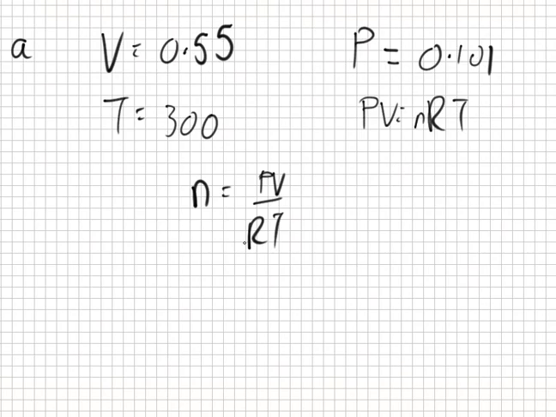So P times V divided by R divided by T. It's really small, yeah? I got 2.2 times 10 to the minus 5, basically, yeah?